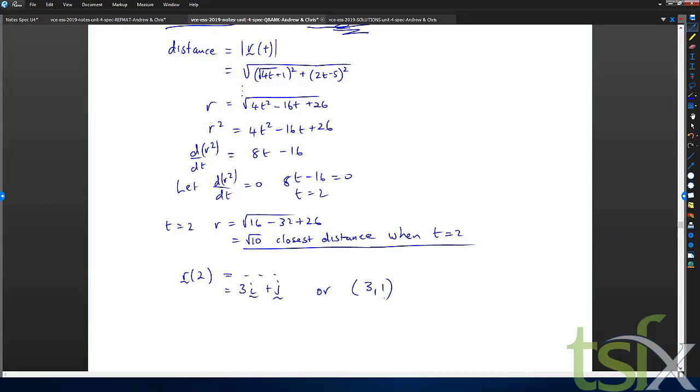And we could say that is the position. It's always good to make sure that we highlight where the answer is. Okay? So, and that's the closest part. All right, we all happy with that?